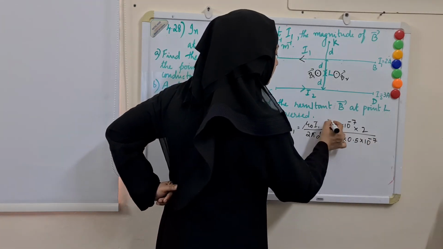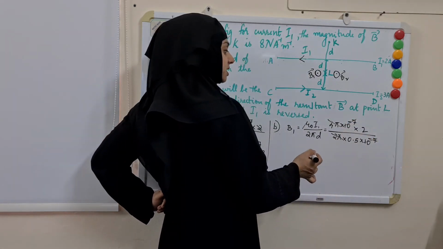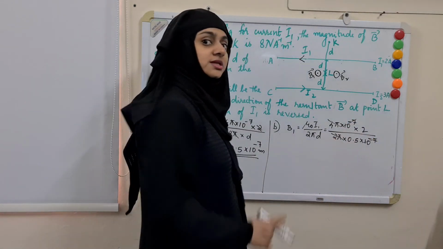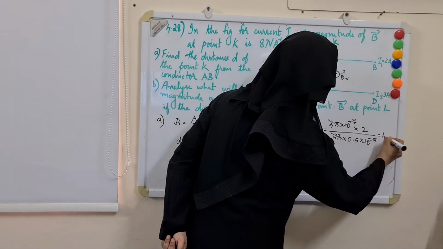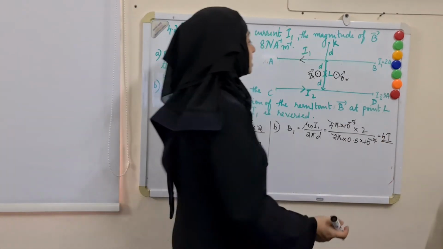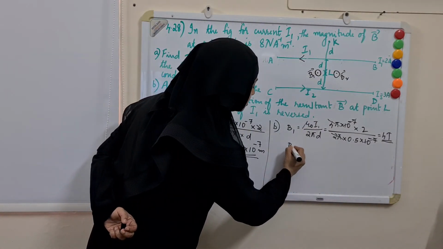So 2 pi gets cancelled. 10 raised to minus 7, 10 raised to minus 7 gets cancelled. 0.5 means 1 by 2, 2 will go up. So this is equal to 4 Tesla outwards.